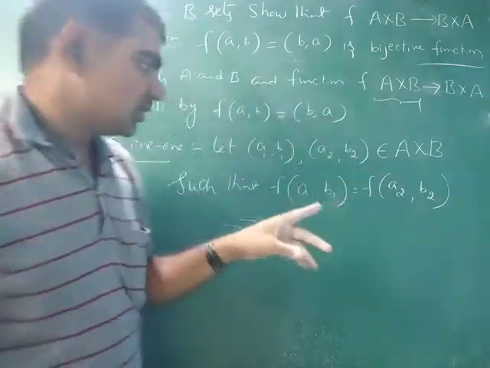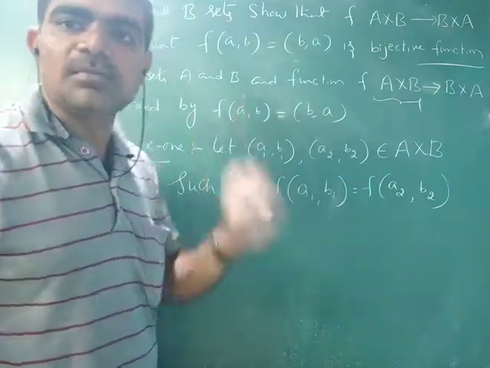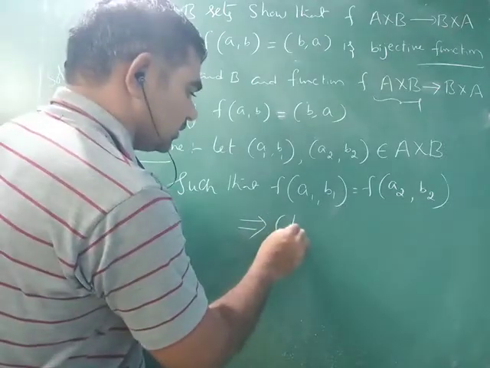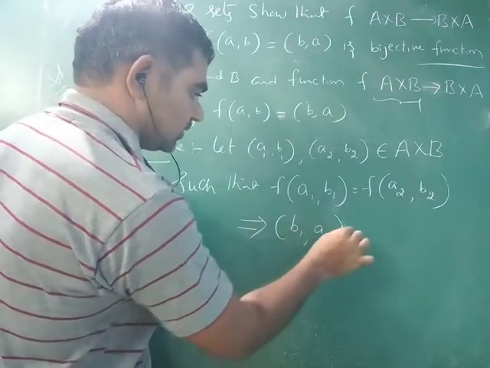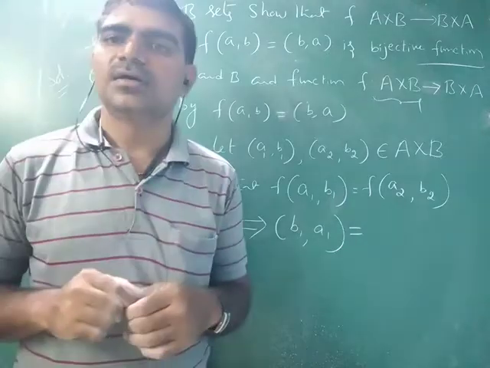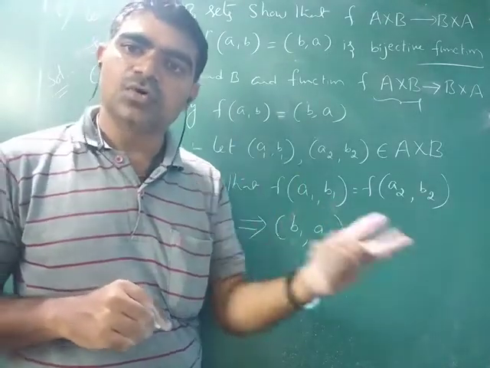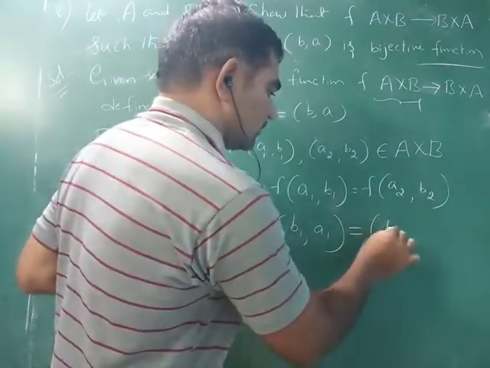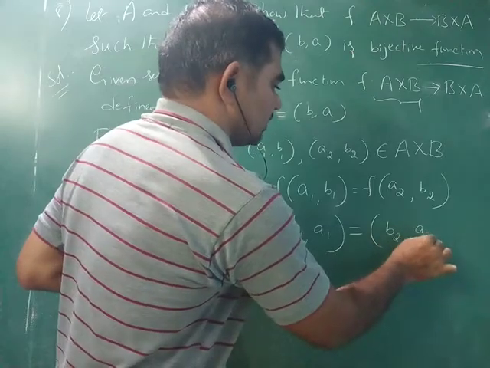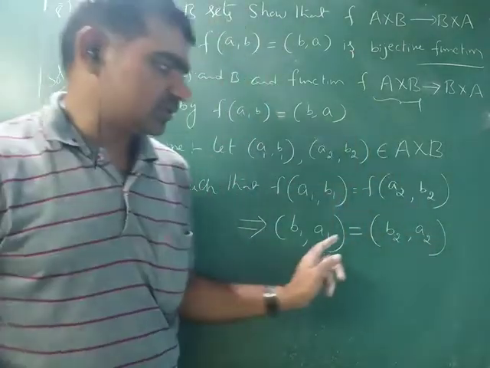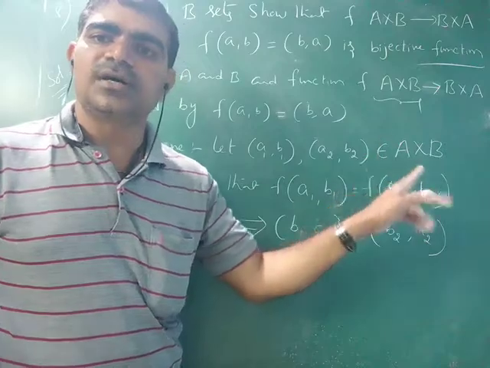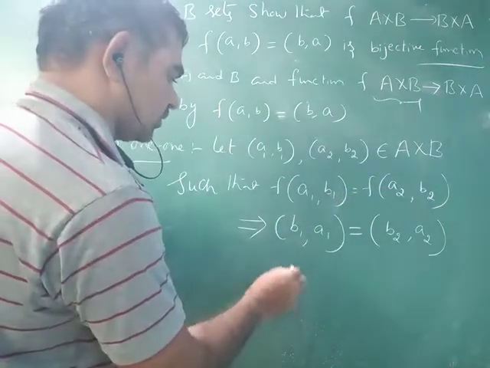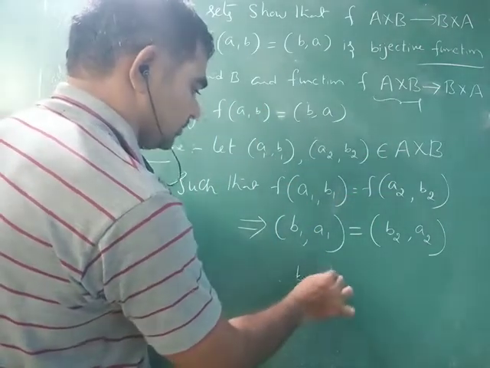Like that, remember. Now f of a1 comma b1 means what we will get? b1 comma a1. f of a2 comma b2 means what we will get? b2 comma a2. b1 comma a1, b2 comma a2. Therefore, b1 equal to b2.